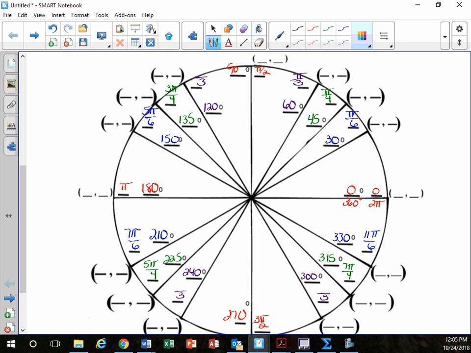Okay, think about it for a second. Second quadrant one, what's it going to be? 2 pi over 3.